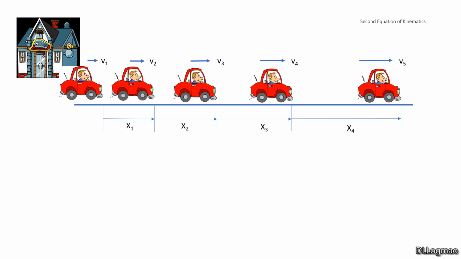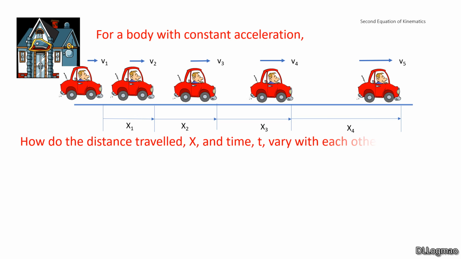For a body with constant acceleration, how do the distance traveled and the time of travel vary with each other? Acceleration is equal to the change in velocity divided by change in time. The first equation of kinematics: final velocity equals initial velocity plus the product of acceleration and time.